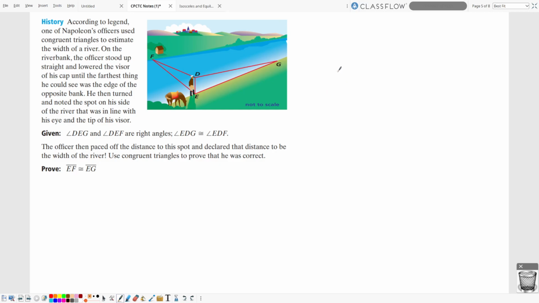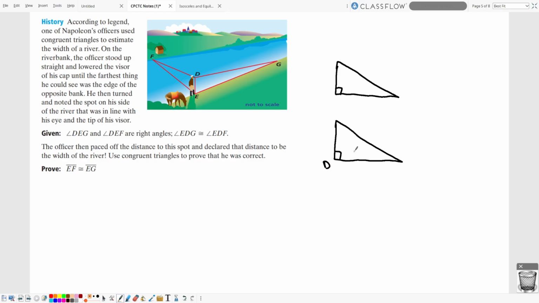So let's say we have two right triangles. I'll just go ahead and diagram these out to make it a little bit easier. So we have two right triangles, it says. DEG and DEF are going to be right triangles.